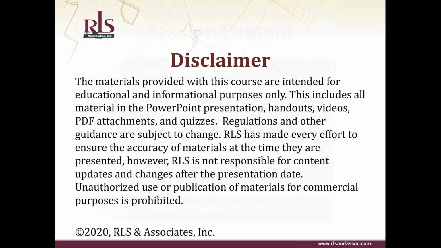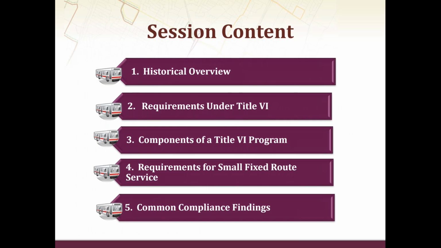What we're going to cover is basically the history of Title VI, the requirements under Title VI, what components should be in a Title VI program, what components are required, the requirements for small fixed route service, and then common compliance findings. And I can definitely share my insight on a number of those, given that, first of all, since I perform triennial reviews, I know what things trigger a finding for agencies.